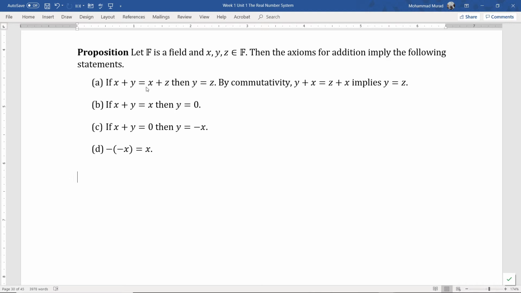Proposition. Let F be a field and x, y, z be in F. Then the axioms for addition imply the following statements. A. If x plus y equals x plus z, then y must be equal to z. By commutativity, we can also read this as: if y plus x equals z plus x, this would imply y must be equal to z.